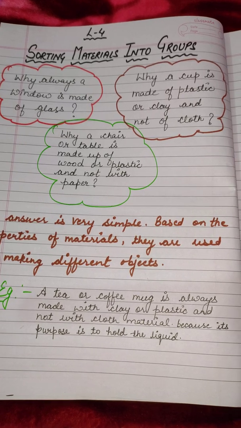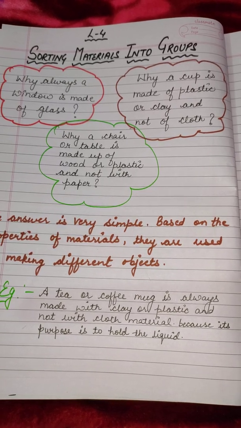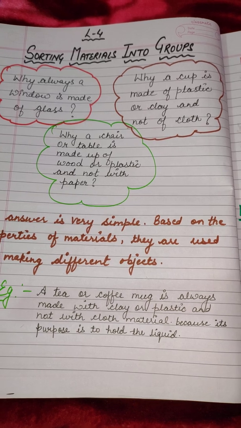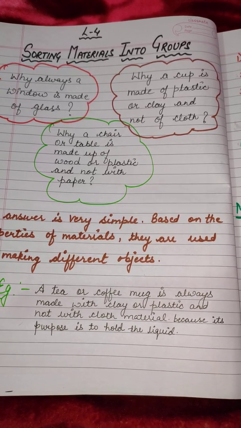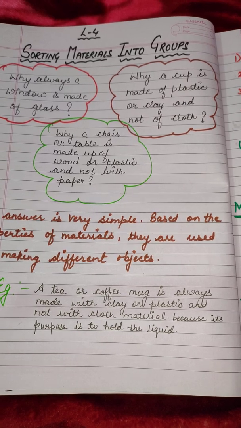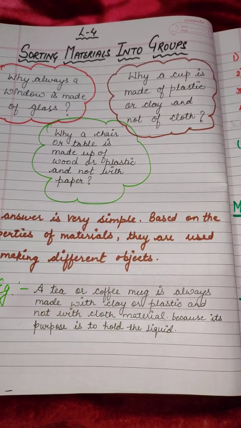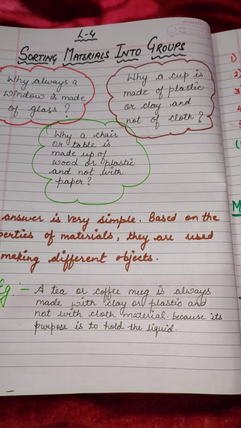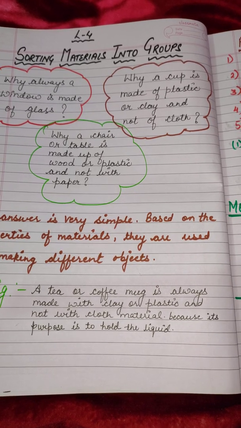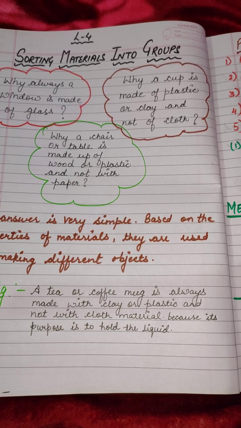Similarly, windows are always fitted with glass so that we can easily see outside even when they are closed. So now we know that based on the properties of a particular material, it is used for making different objects.